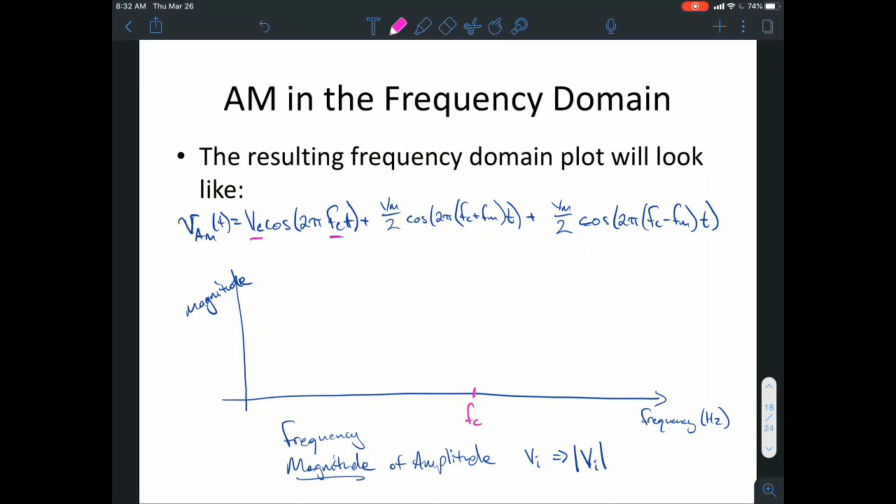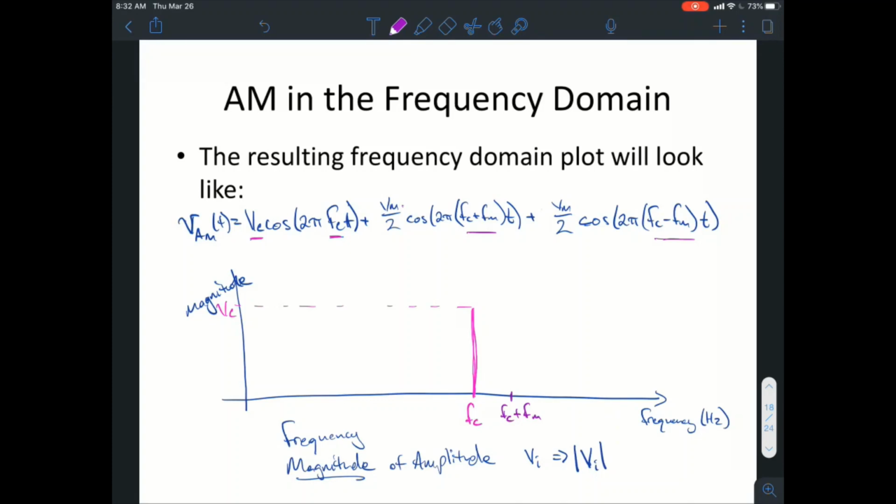So let's go ahead and plot it out, and we'll say that this is f sub c and that our magnitude there is that. So call that v sub c. Now let's say that we know what v sub m is, and we can then do these as well. So let's say that f sub c plus f sub m is going to be here.